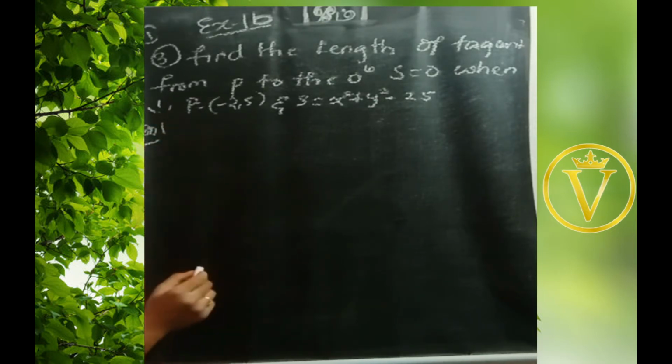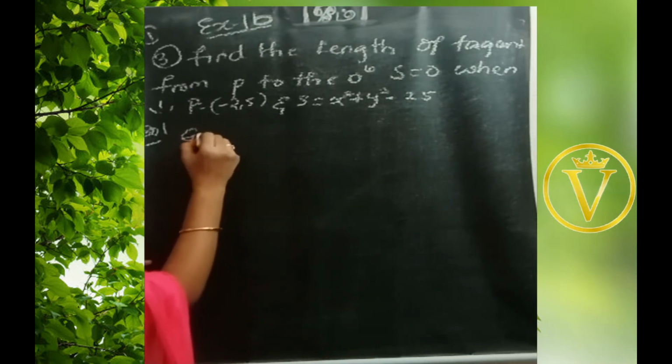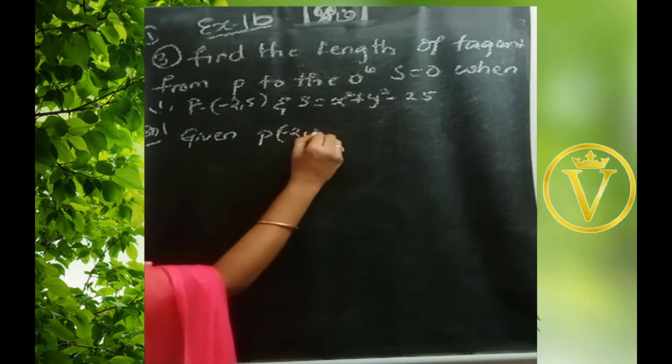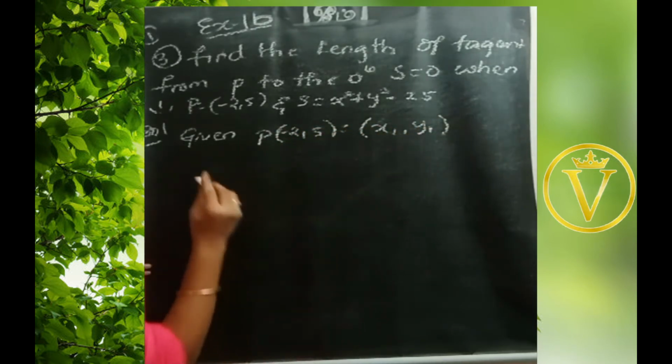Now see here, we know the formula for the length of the tangent. In note 3 I have discussed the length of the tangent formula in the before section. So first write the given: P point minus 2 comma 5 is x1 comma y1.